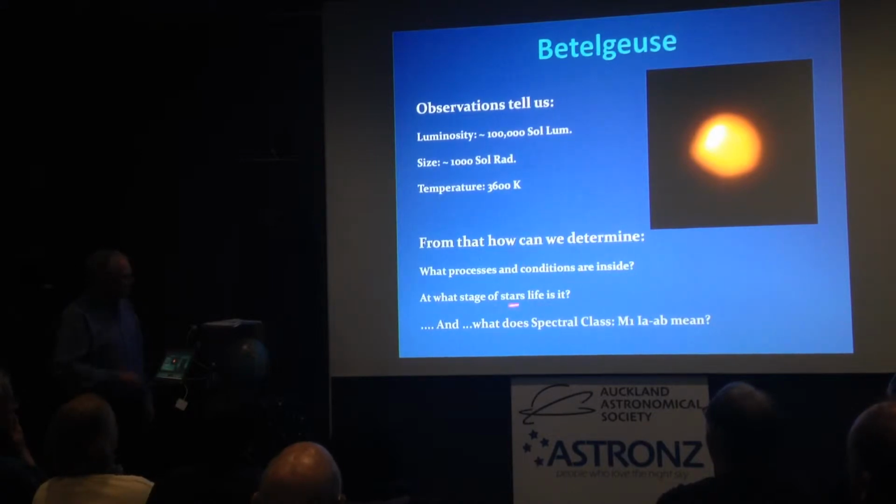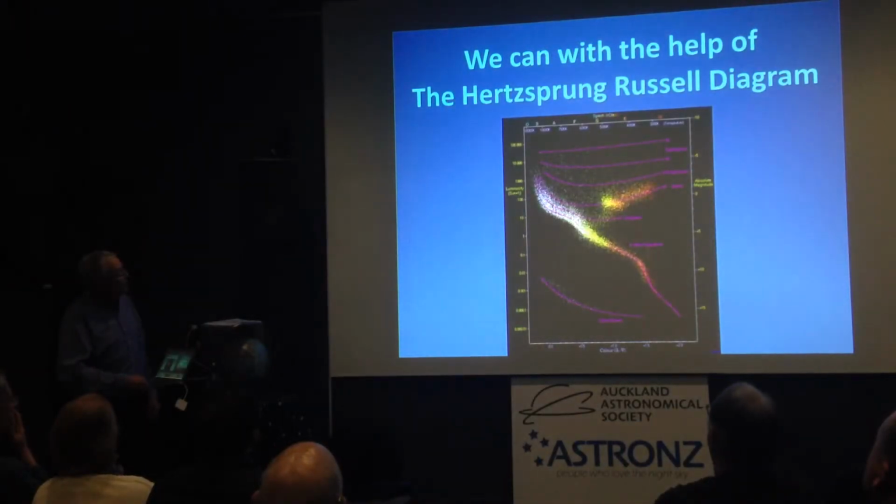You could also tell at what stage of the life cycle the star is in, and of course, we're about to move on and tell you what all that means. Yep, it's the Hertzsprung-Russell diagram. It's the key to understanding all of that.